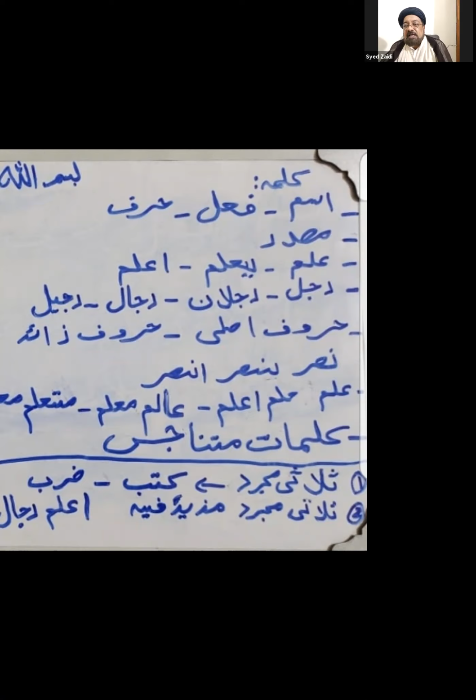Ilm, as I had said, is the masdar. Therefore, in a'lam, or i'lam, alif is zaid. And in muta'allim, mim and te are zaid.